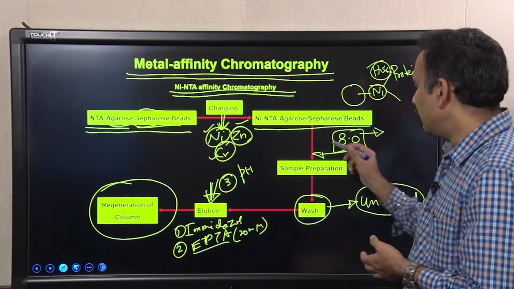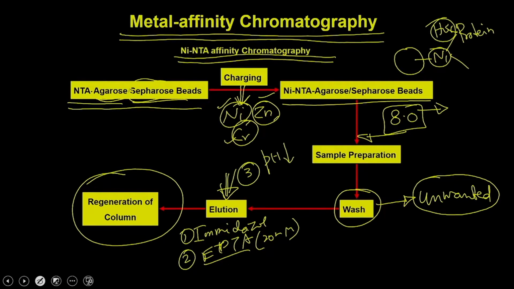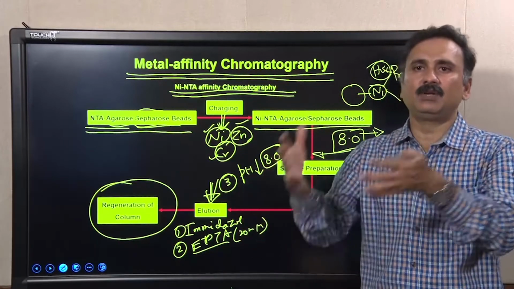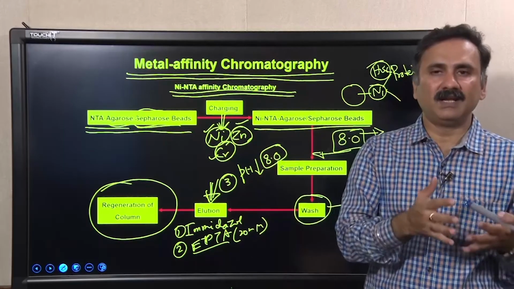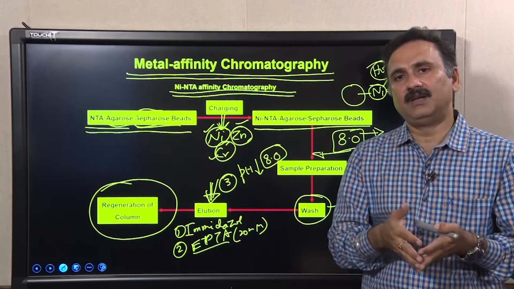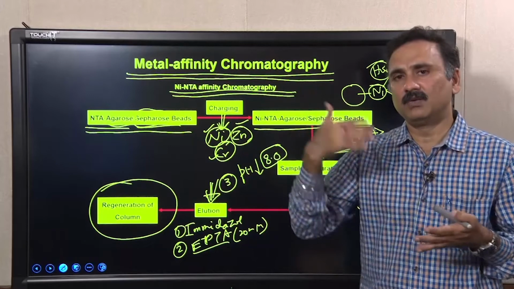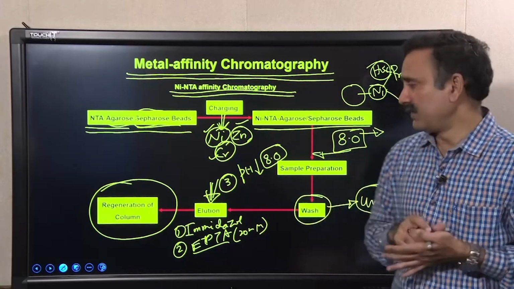So, if you lower the pH to less than 8, which means if you use a pH of 7 or 6 or even 4, you will be able to reduce the affinity of the histidine tag to the nickel which is bound to the matrix, and as a result the histidine tag containing protein is going to be removed from the column.